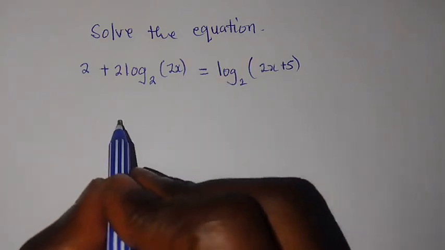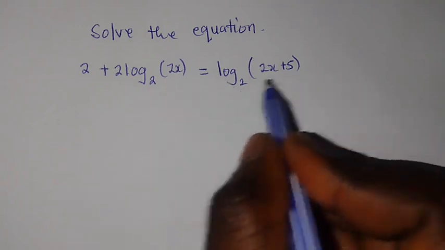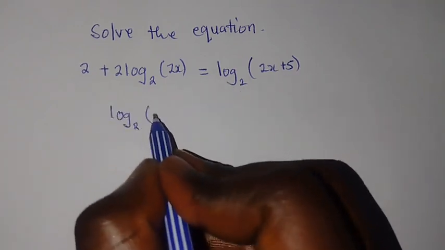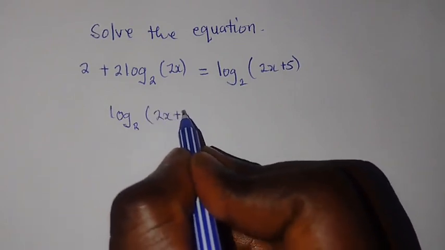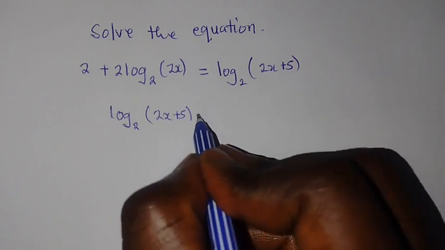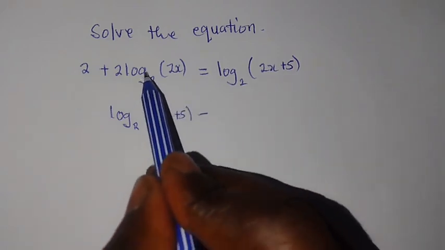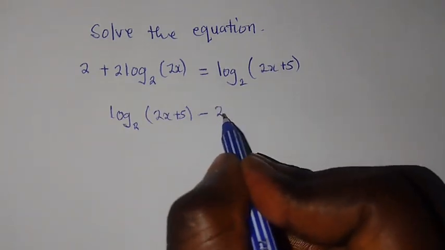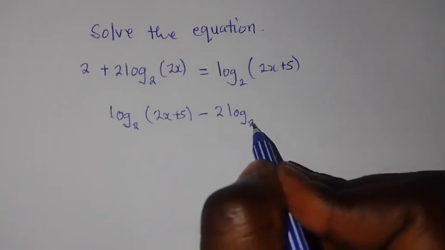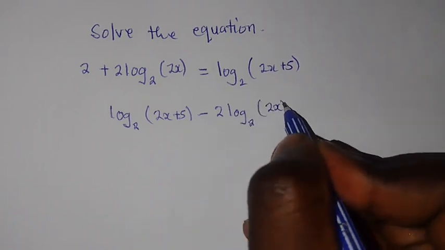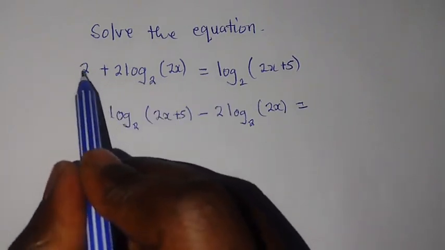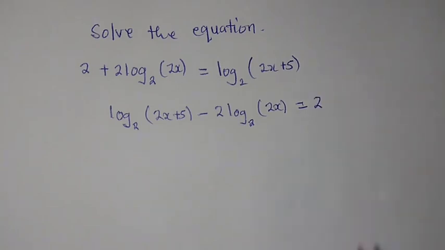So we are going to rewrite this the way it is: log 2 of (2x plus 5), then minus, because when this comes to this side, it's a positive, it's going to be a negative, 2 log 2 of (2x), equal to, so what are we going to remain with? We remain with a 2 right here.